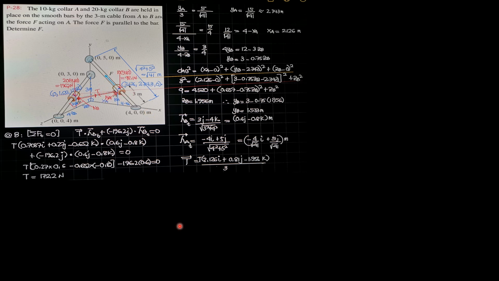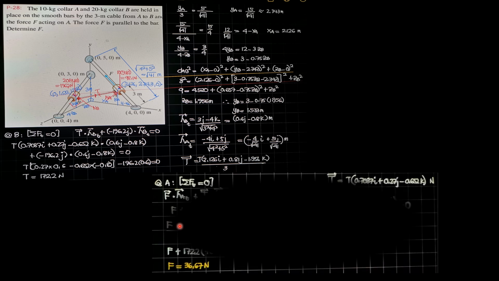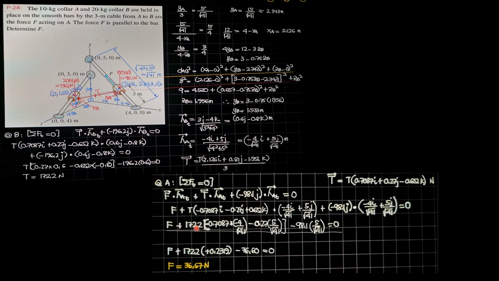So proceeding, at A here, we have F vector dotted with lambda, or the unit vector of this bar.